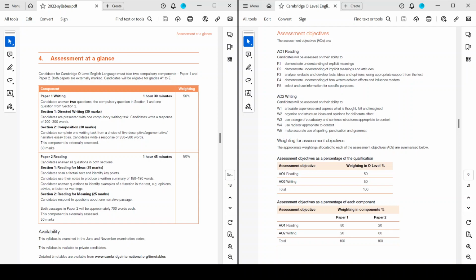So for example, a narrative to make the reader feel a certain way about a situation or a character, or a descriptive to be able to imagine being in that setting, so vividly described by the student. So that's the second writing objective.